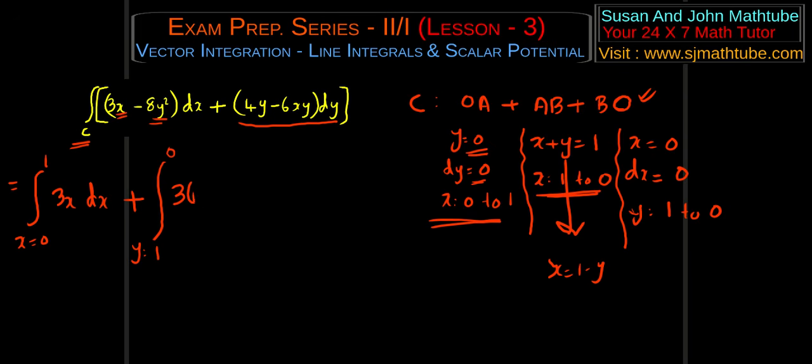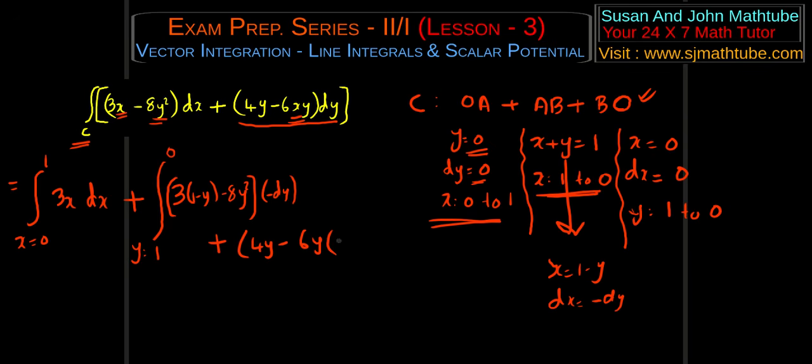So 3 into (1 minus y) minus 8y squared, and dx is equal to minus dy, so multiplied by minus dy, plus in the next bracket 4y minus 6 into y into x. What is x? Yeah, 1 minus y, and dy, plus the last integral.